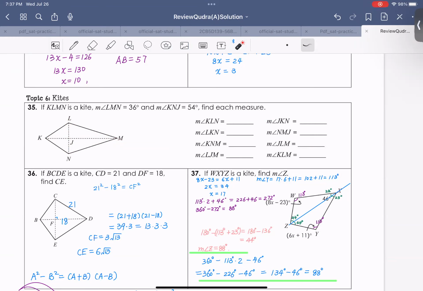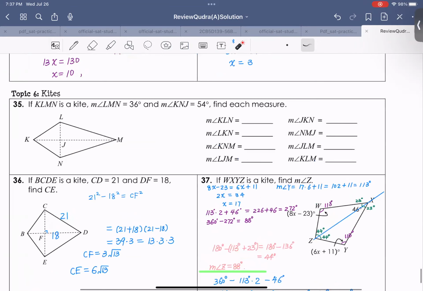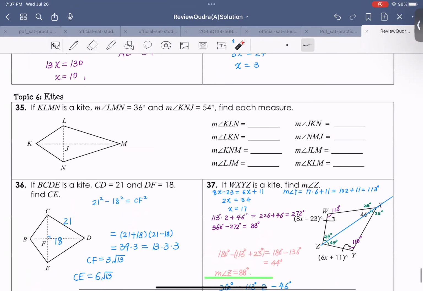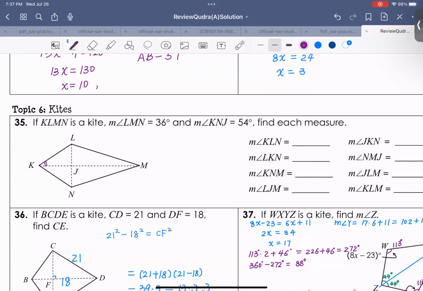Let's do this kite. We are going to mark this. This equals 36. LMN is this side, 36.